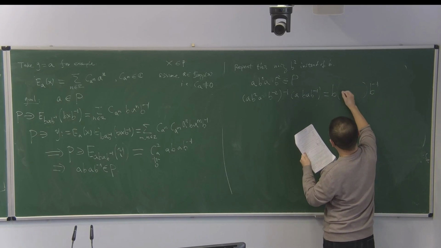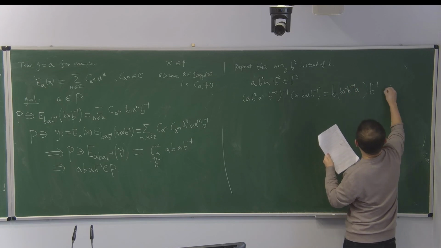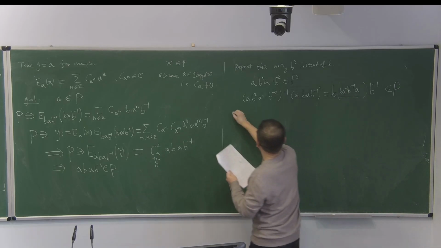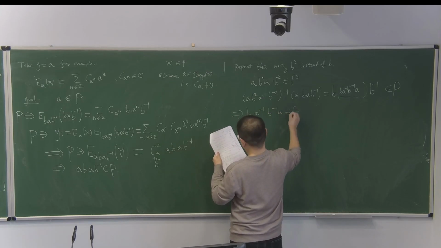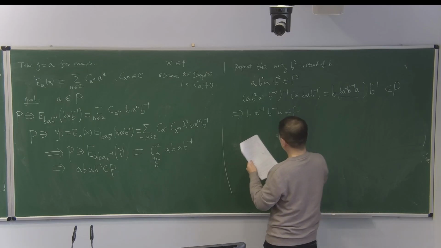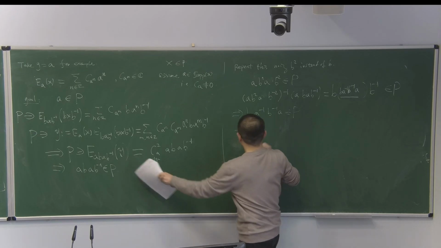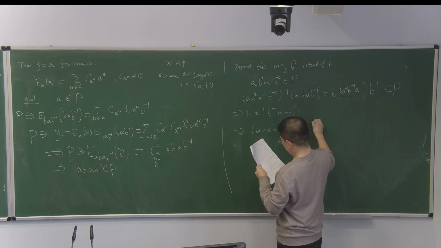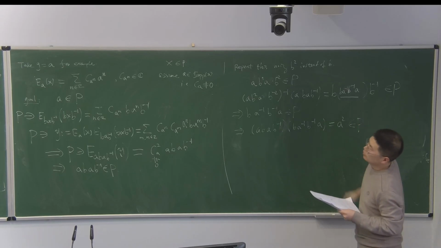In the middle you have B A inverse B inverse A, which lies in P. P is conjugation invariant, so B A inverse B inverse A lies in P. Now I can use this A B inverse B A inverse B inverse A to get A squared lies in P. We are so close.